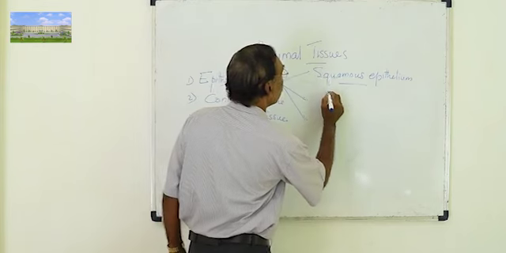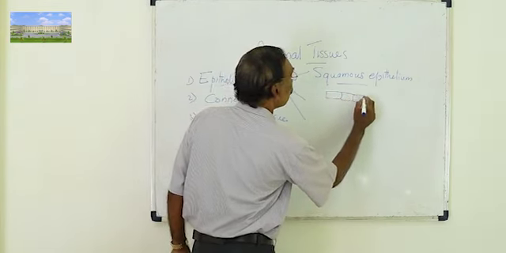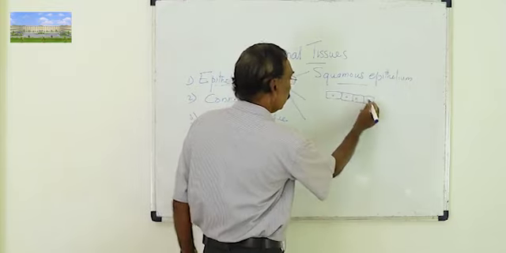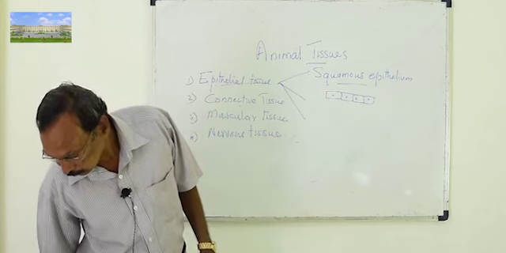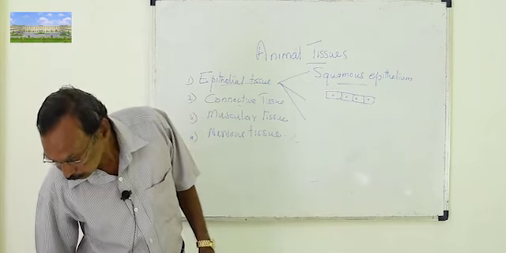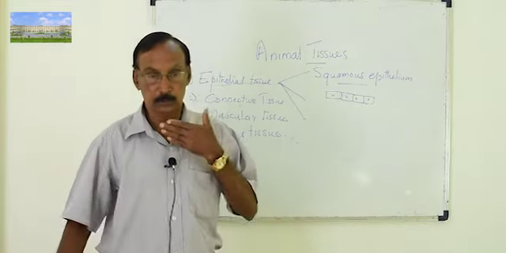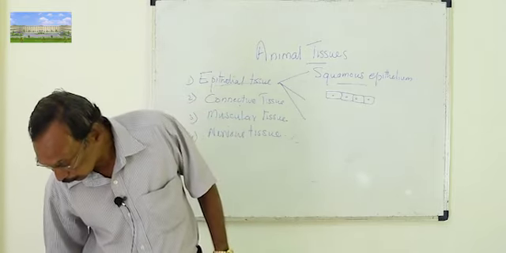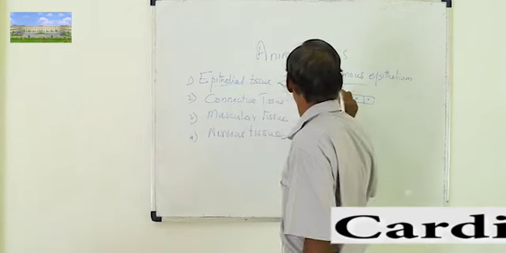They are simple flat cells, only one layer. They are found inside the lungs, in the lining of the lungs, and also in blood vessels, esophagus and mouth. All these contain this kind of cell.